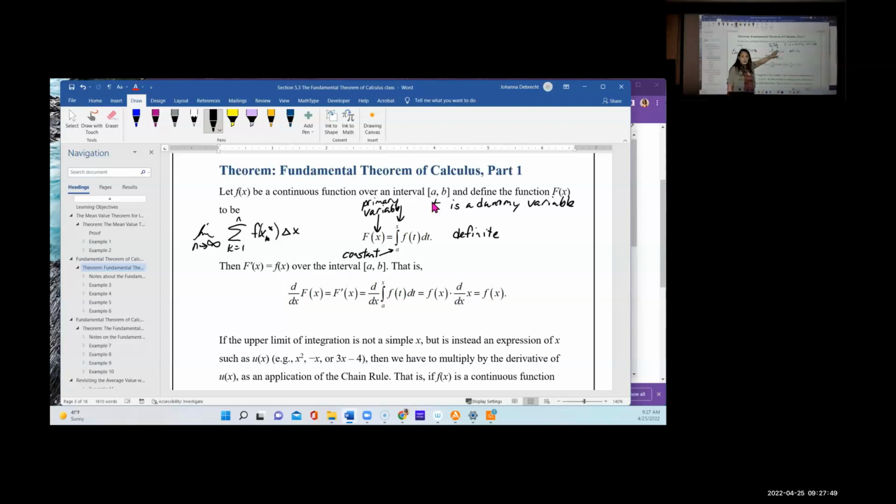The upper limit of integration is x. Now, once we have that, it says if I take the derivative of uppercase f, it undoes the indefinite integral and substitutes the upper limit of integration into the integrand formula, which gives me lowercase f of x over the interval from a to b.